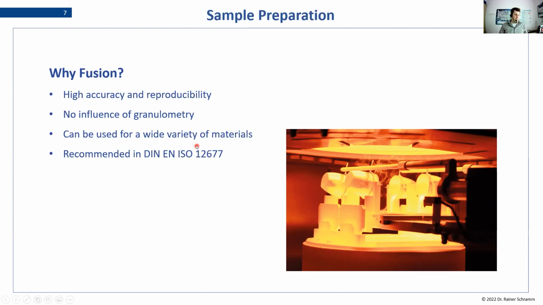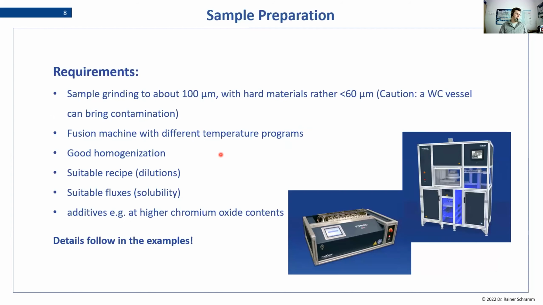Different fusions and parameters can be done for various materials, which is good here because the group is so wide and different. And also coming back to the norm, it is the recommended sample preparation in that norm we talked about. So it states for sample prep, fusion is the way to go to get it norm compliant and get the highest security that you can possibly get.